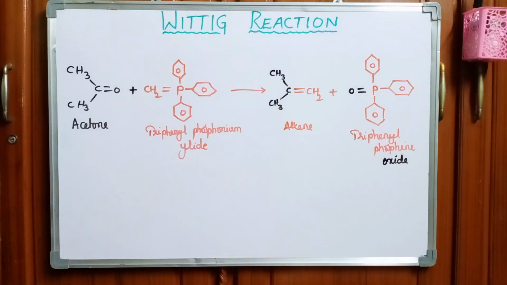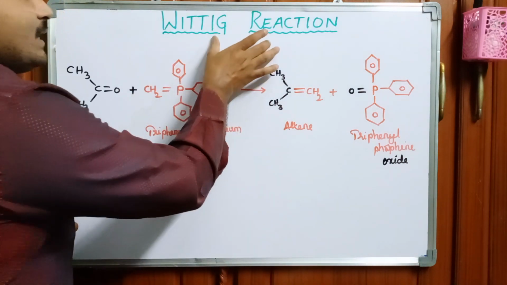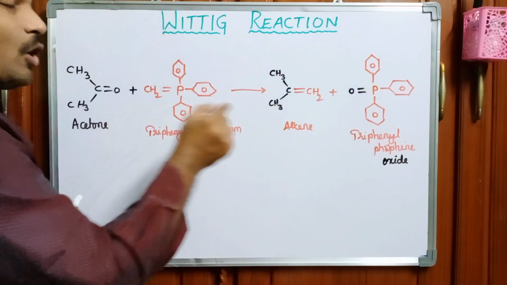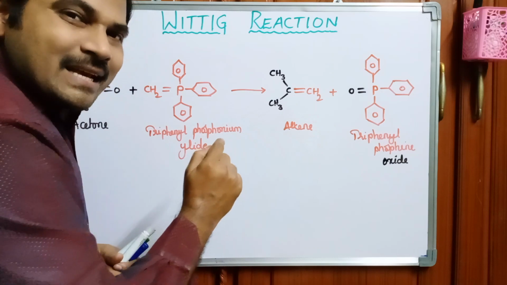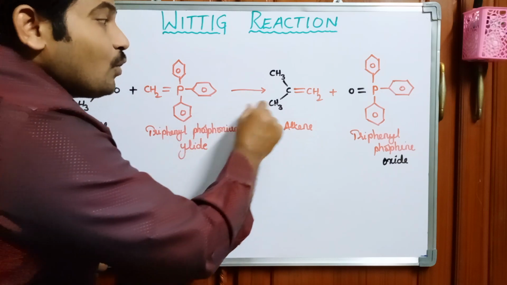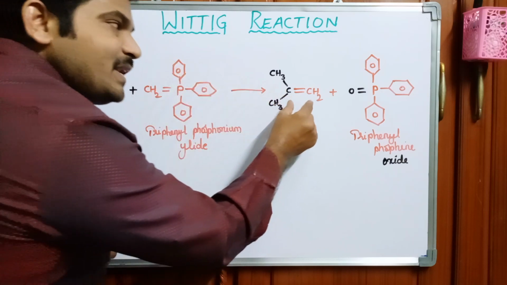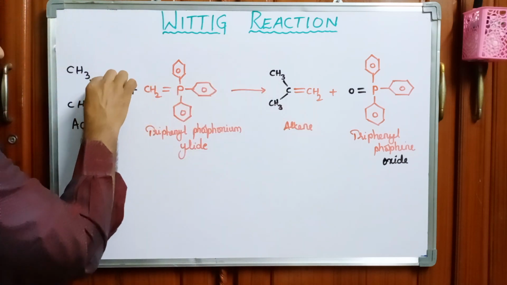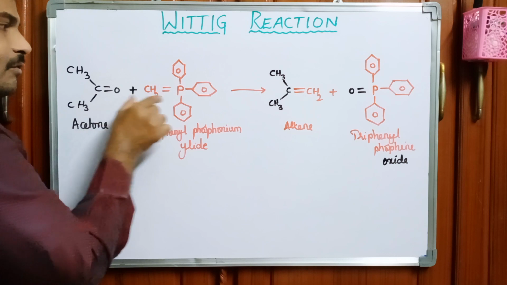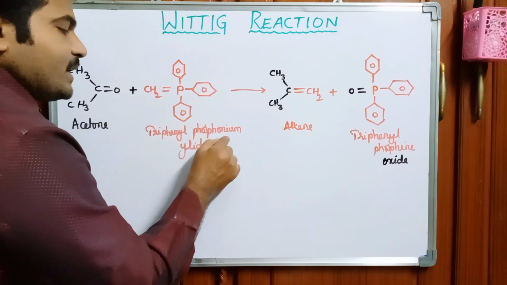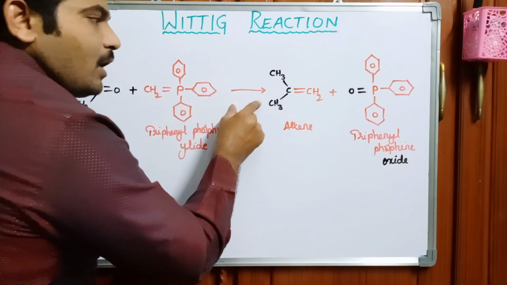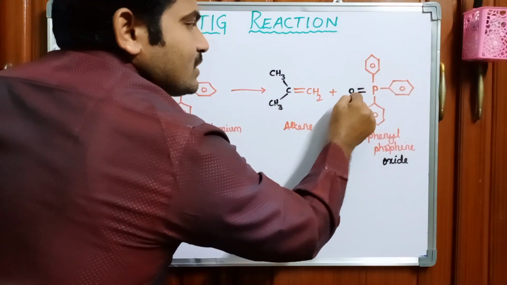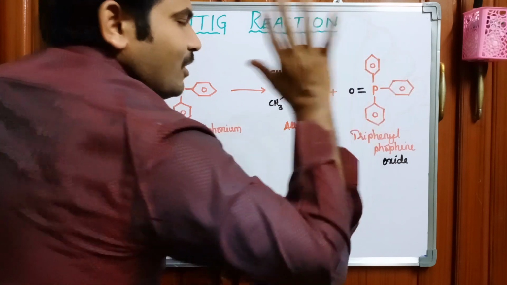Triphenylphosphine oxide. So, what is a Wittig reaction? It is one type of alkene preparation reaction. Alkenes are also called olefins. Hence, this reaction is also called olefination. It is an olefination reaction in which carbonyl compounds, either ketones or aldehydes, react with triphenylphosphonium ylide to form alkenes and triphenylphosphine oxide.